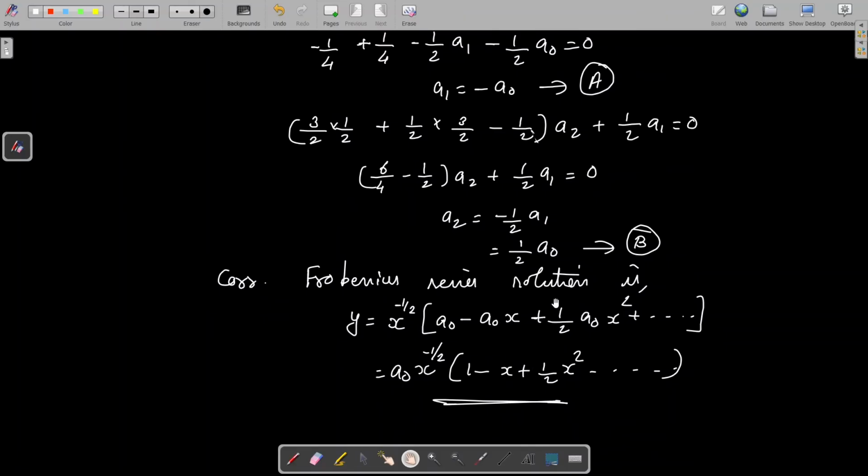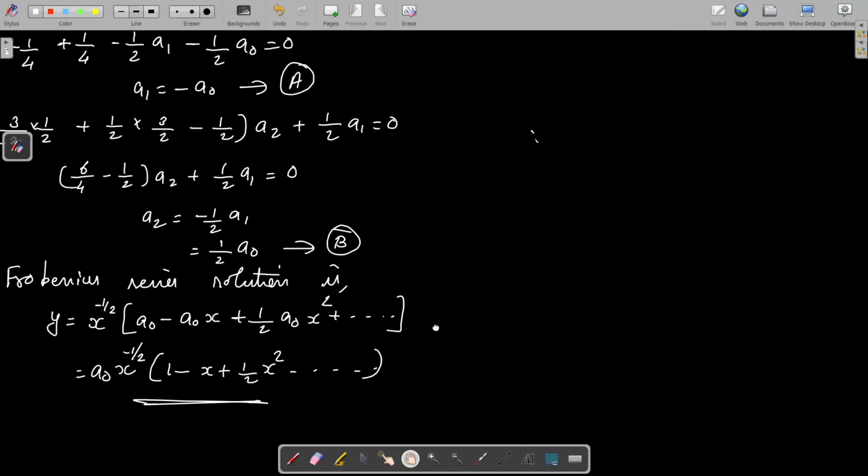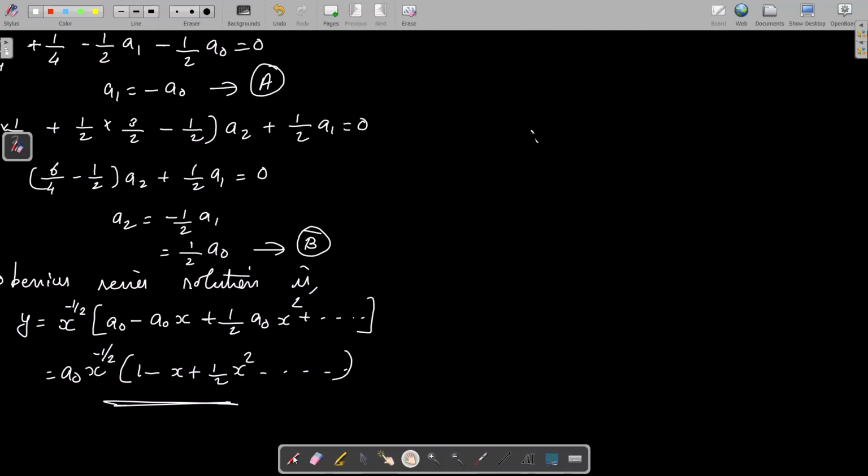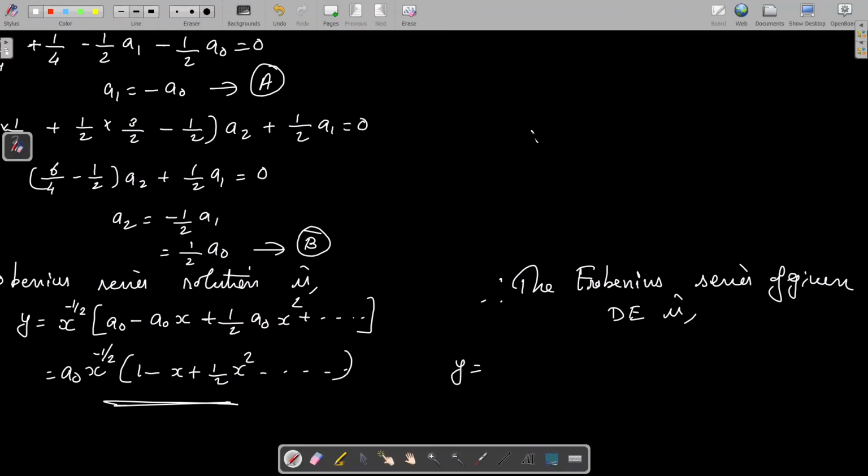Using these two solutions, you can find the general Frobenius series solution of the given differential equation. Therefore, the Frobenius series solution of the given differential equation is y is equal to, the first expression was a naught x raised to 1. We may put a naught equal to 1 itself.